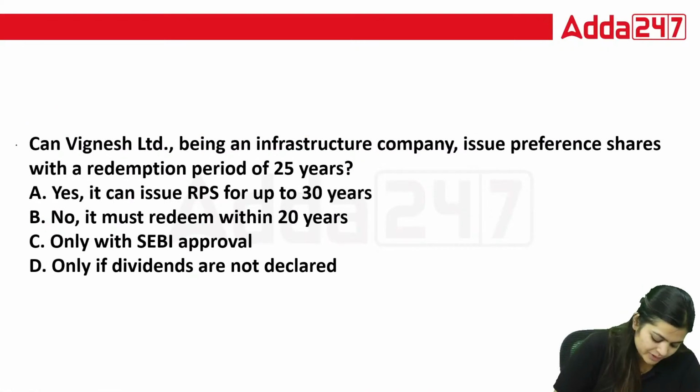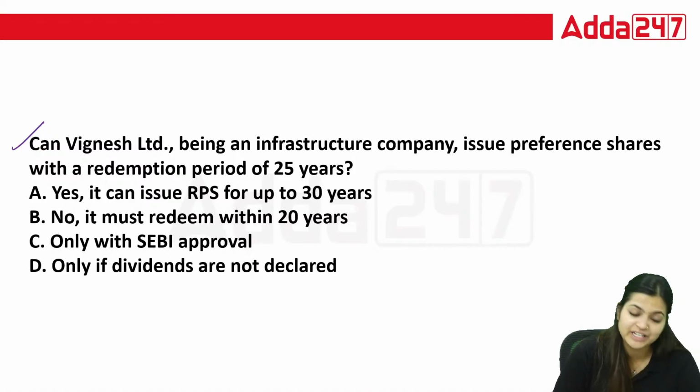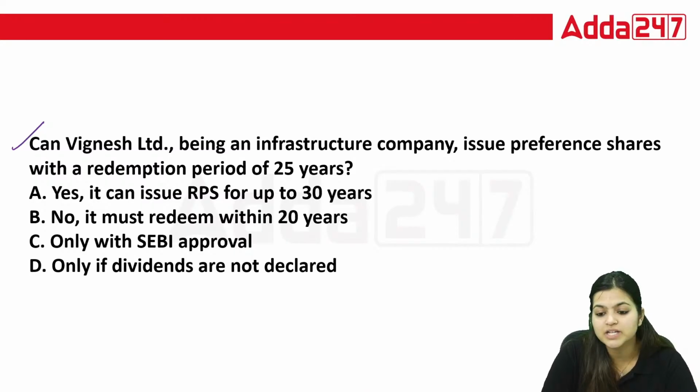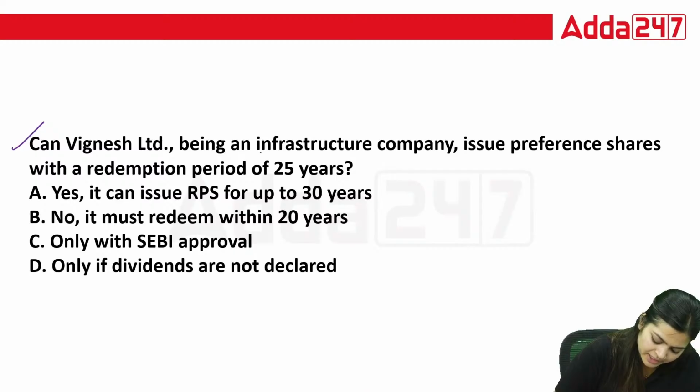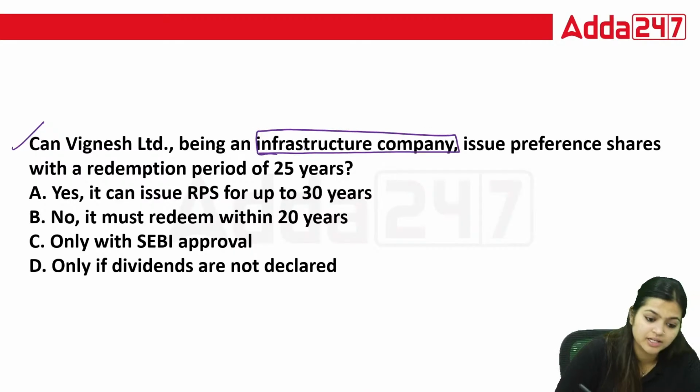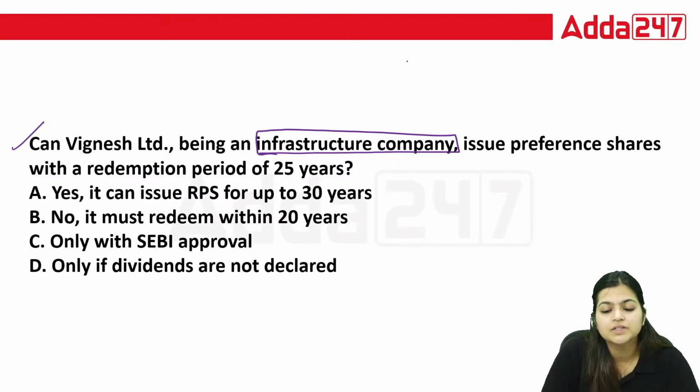Coming to next, can Vignesh Limited, being an infrastructure company, issue preference shares with a redemption period of 25 years? Tell me, what do you think? Now when Vignesh is planning to work towards this infrastructure company, can they issue for 25 years?